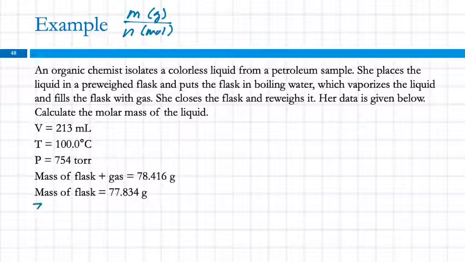So 78.416 grams minus 77.834 grams. That gives me the mass of the liquid. I do not care at all about the mass of the flask. It was only necessary because I couldn't get the liquid to stay on the balance pan.